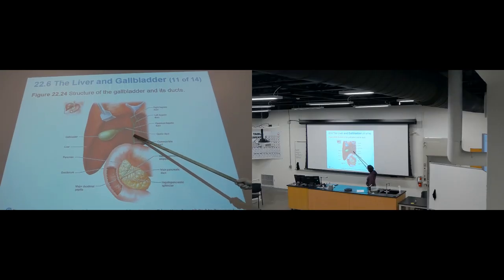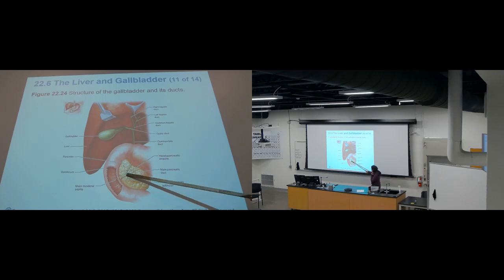So forming the common bile duct that again joins this main pancreatic duct, and then you have your emptying of bile and pancreatic juices into the second portion of the duodenum at the hepatopancreatic or major duodenal papilla. And what controls the release of this? The opening and closing of the hepatopancreatic sphincter or sphincter of Oddi.